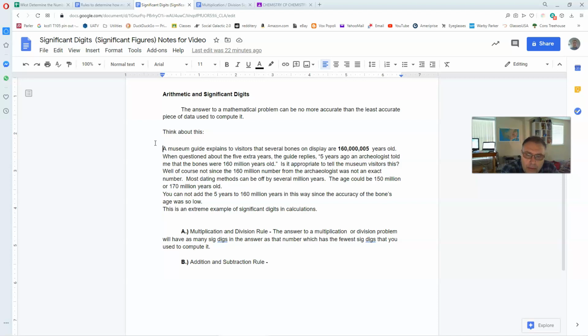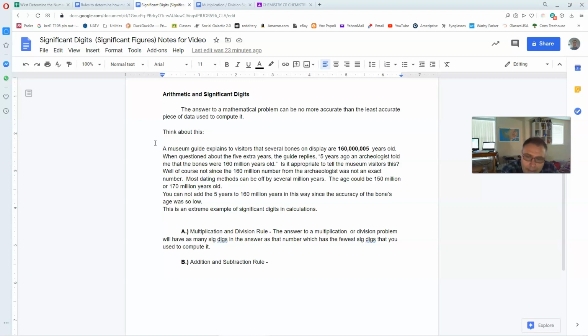Now, is it appropriate to tell the museum visitors that the bones are 160,000,005 years old? Well, of course not, since the 160 million number from the archaeologist was not an exact number. Most dating methods of this type can be off by several million years. The age could easily be 150 million or maybe even 170 million years old.